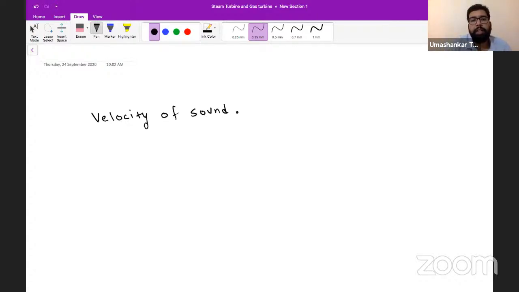Yesterday we saw the formula of velocity of sound in isentropic condition. We call it C, and we derived the formula as under root of gamma into R into T. Then we have seen the Mach number.